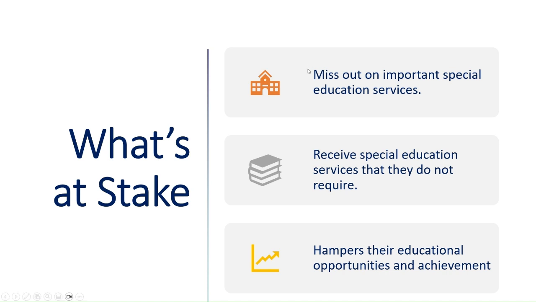On the other hand, some English learners who are misidentified as having a learning disability when they do not may be placed in special education unnecessarily and miss valuable opportunities to learn alongside their peers in the general education classroom. And when students are placed in classrooms or programs that do not match their needs, it can limit their educational opportunities and negatively impact their achievement.